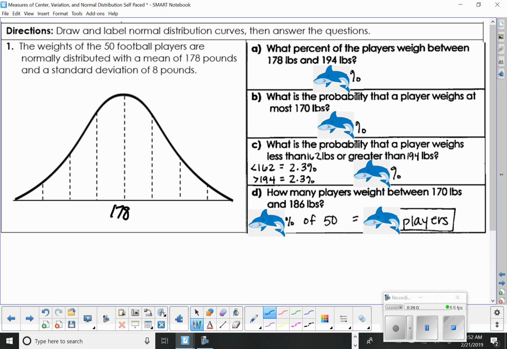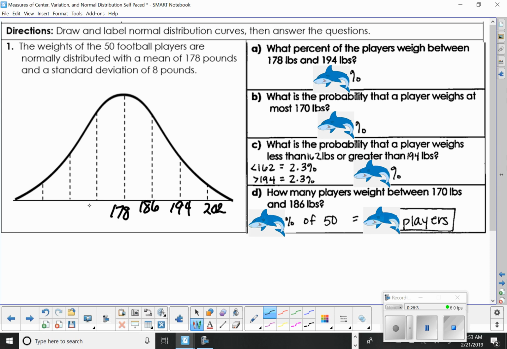So what I have to do is take 178 and add 8 to it, and I get 186. I add 8 again, and I get 194. I add 8 to that, and I get 202. Now notice, there are going to be some people more than 202 pounds, but not many.